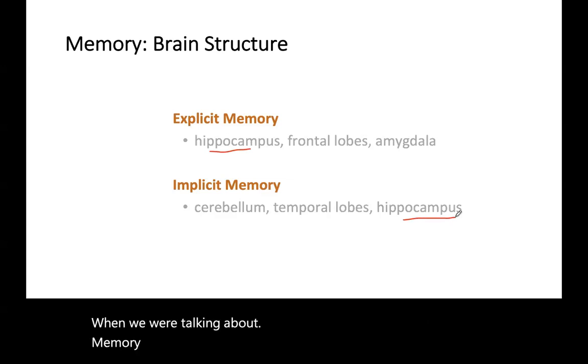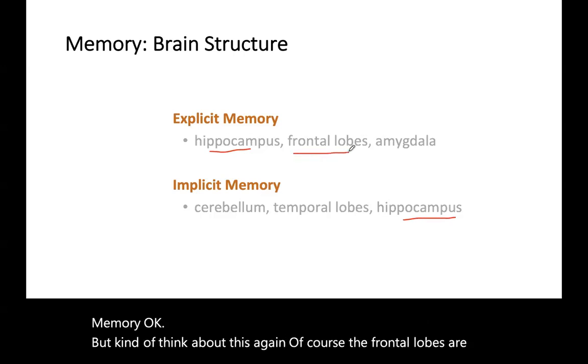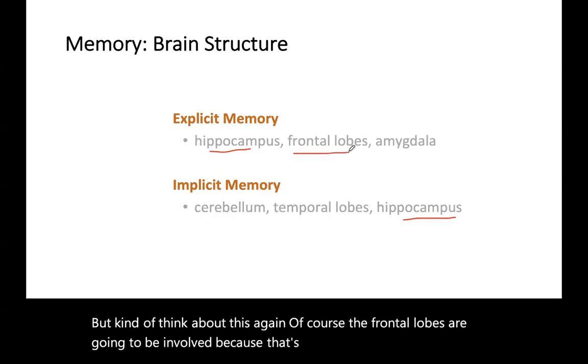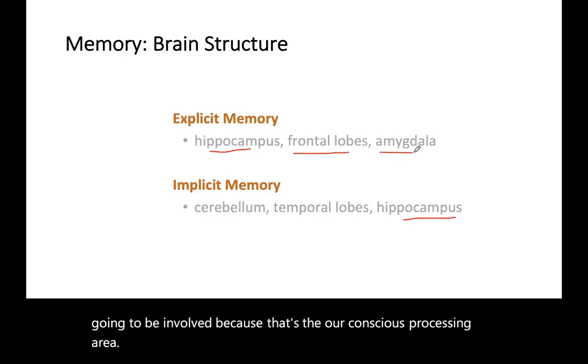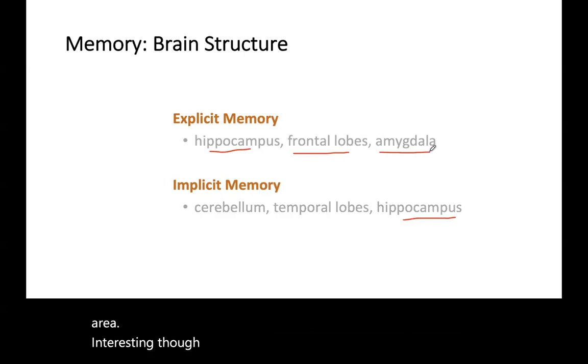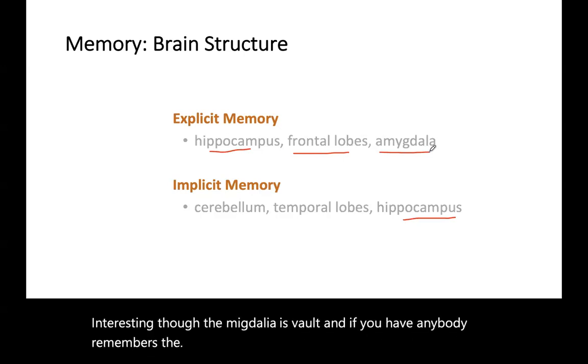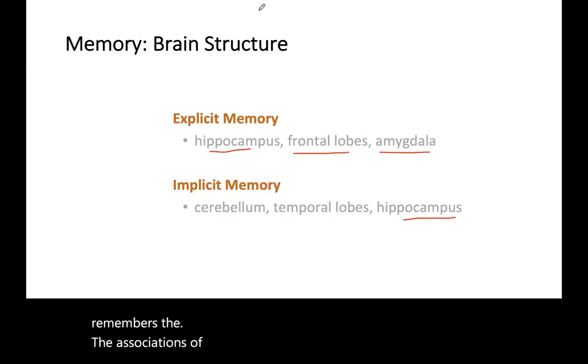But think about this again. Of course, the frontal lobes are going to be involved because that's our conscious processing area. Interestingly, the amygdala is involved, and if anybody remembers the associations of the amygdala, it deals with emotions.